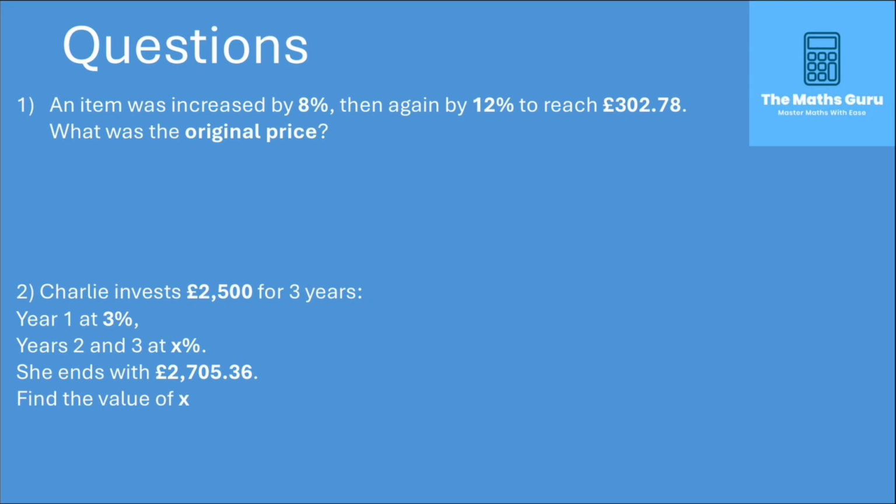Okay, looking at some more questions, it tells us an item was increased by 8%, then again by 12%, to reach £302.78. So we need to work out the original price. The way we do this is with a 12% increase: say a bottle of water at 100% capacity.